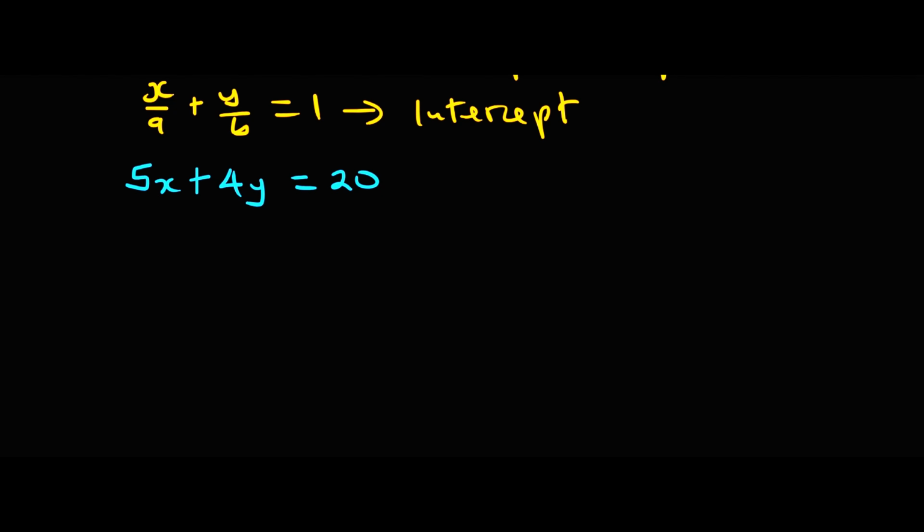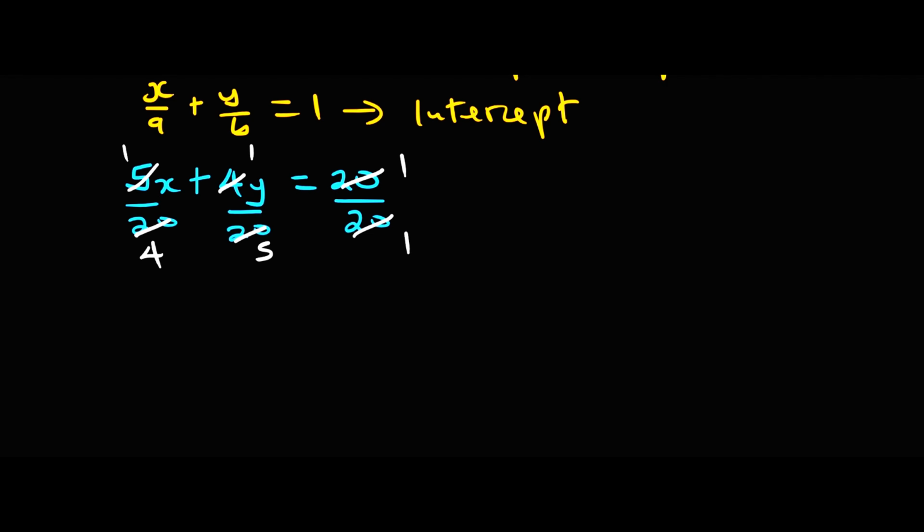So our first task would be to divide everything by 20. We divide every term by 20 so that 5 goes into 5 once and into 20 four times, 4 goes into 4 once and into 20 five times, and 20 goes into 20 once.